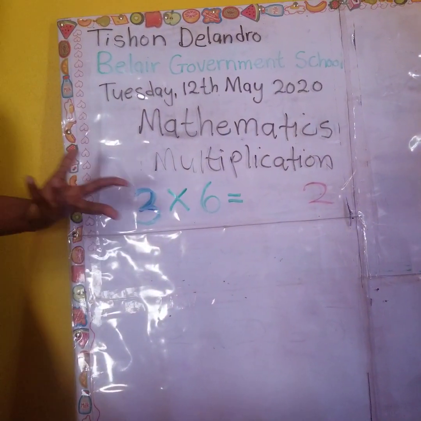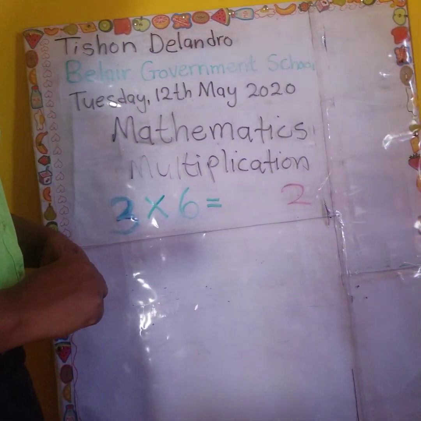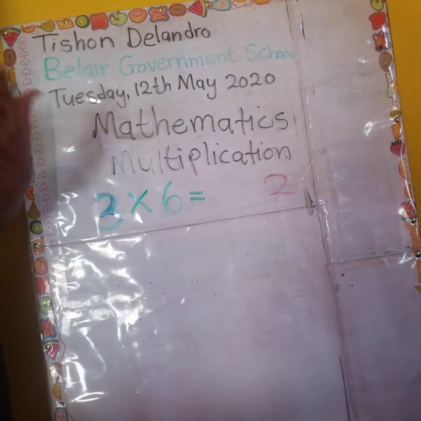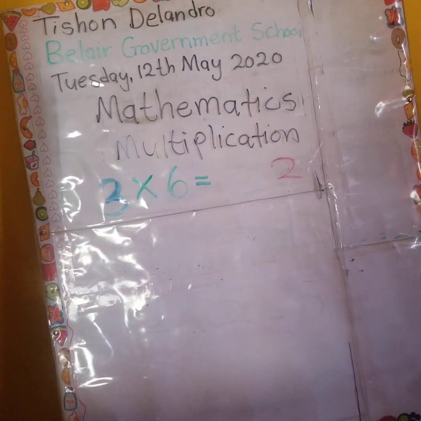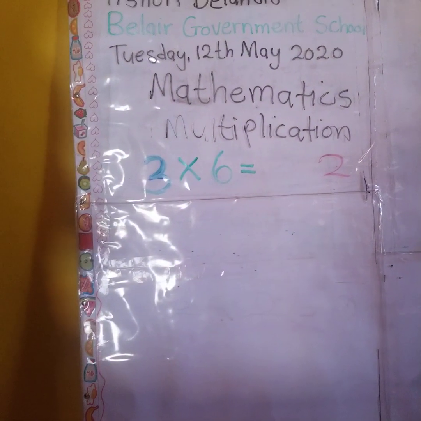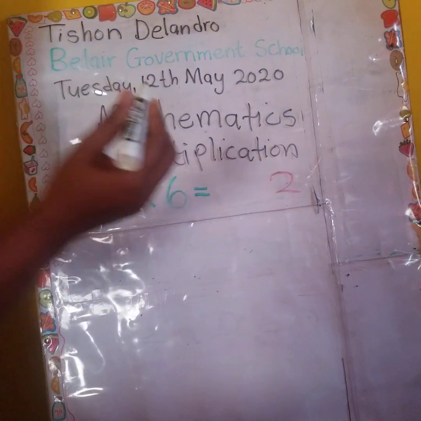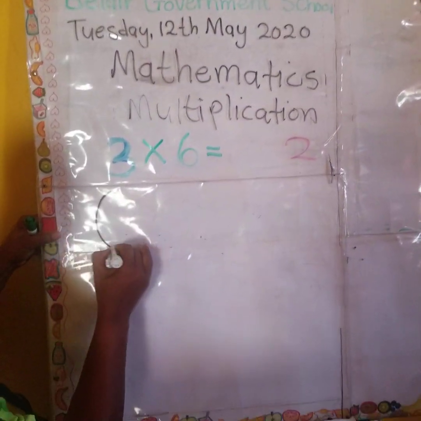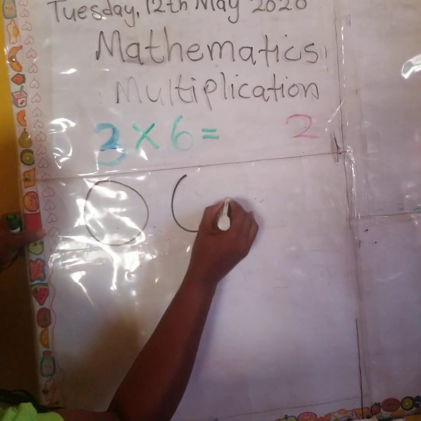So what is the first thing we have to do? We have to know how many sets we have to draw. So how many sets do we have to draw? We have to draw 3 sets.